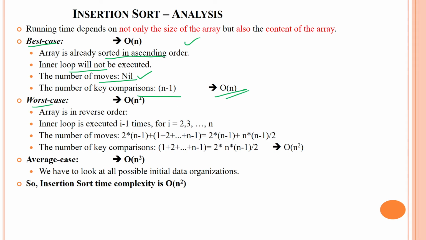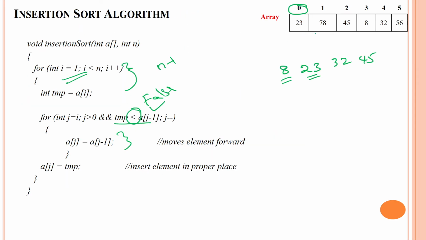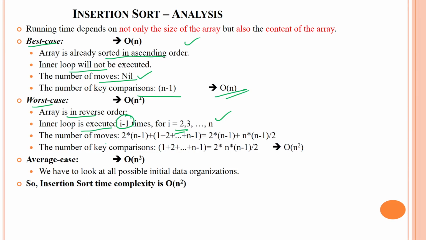In the worst case, the array will be in reverse order, so every data has to be transferred. The inner loop will be executed i minus 1 times, from 2 to n number of elements. We have to check the inner for loop for n number of elements.